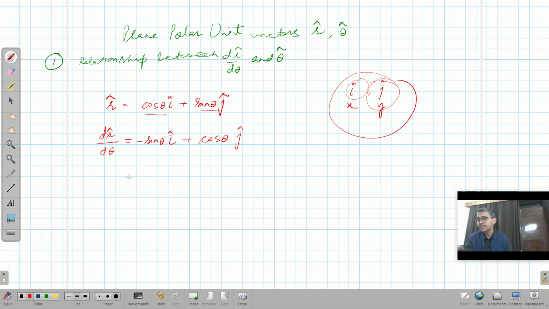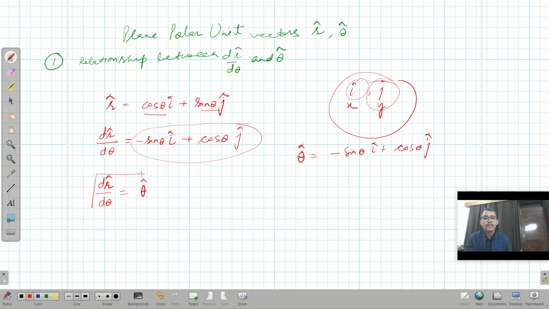So this is it. But if I recall theta cap, what is theta cap? Theta cap can be written as minus sine theta i cap plus cos theta j cap. So this is basically theta cap. So I can write dr cap over d theta is equal to theta cap.